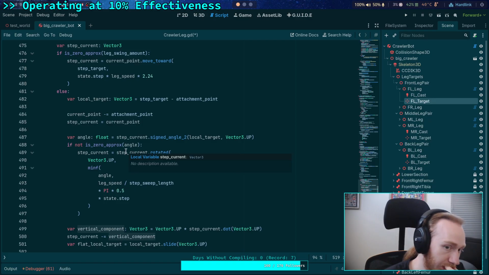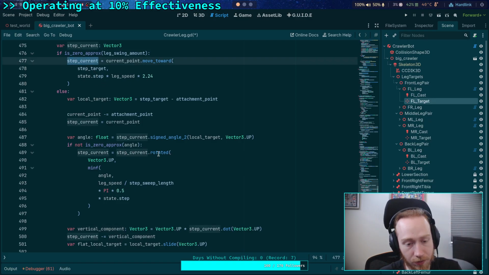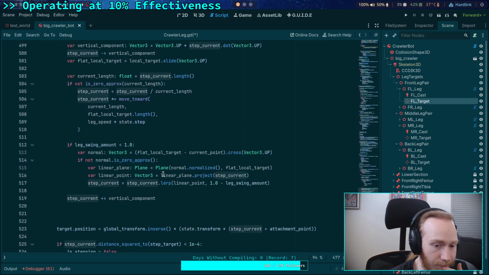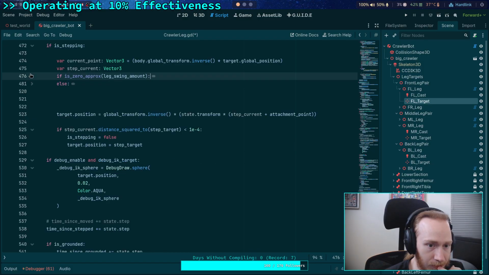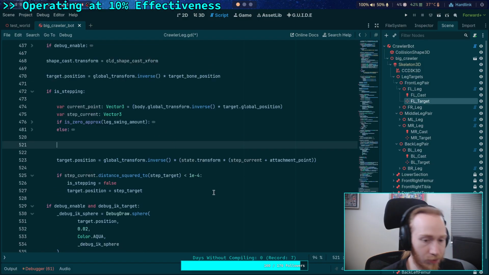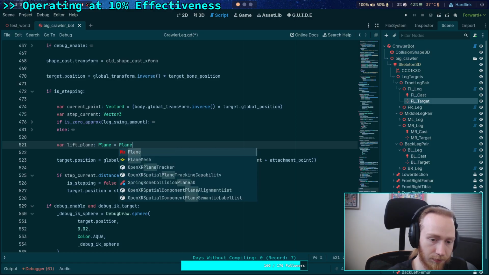Right. Yeah. Okay. Call this the lift plane.